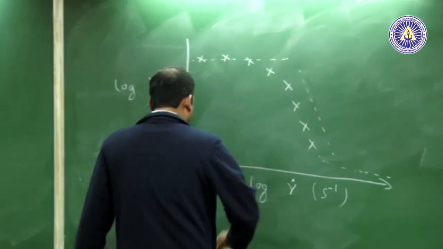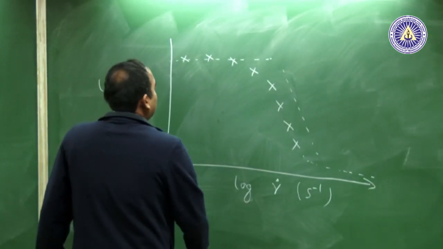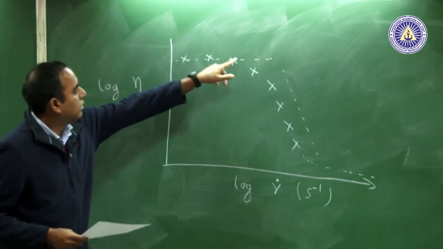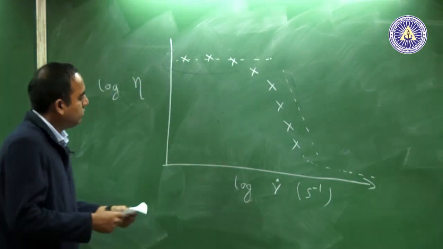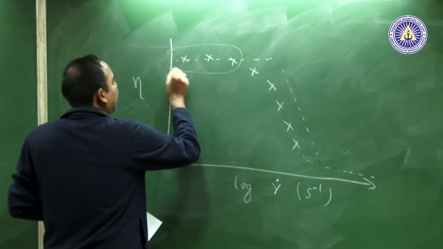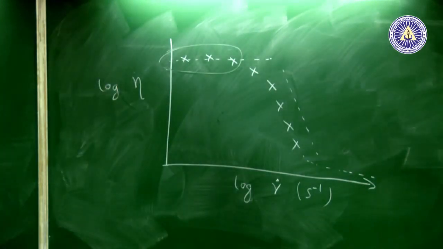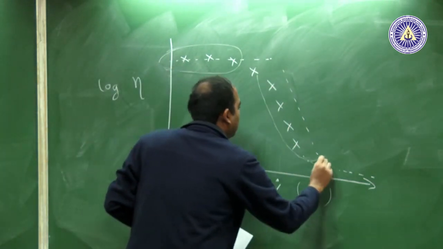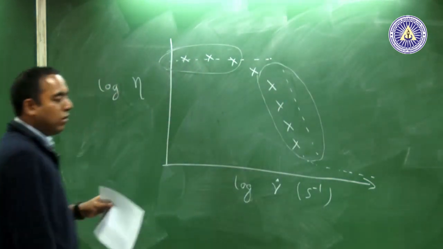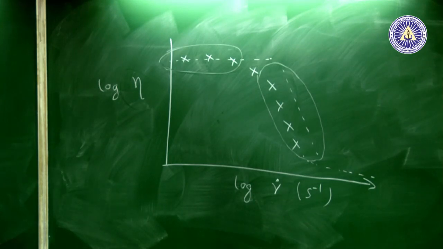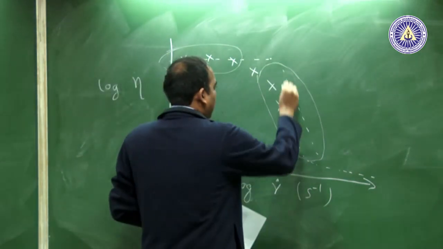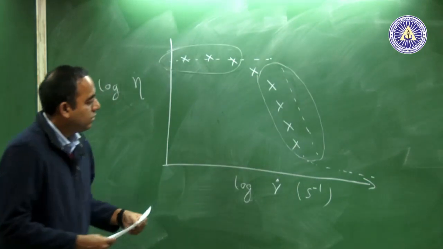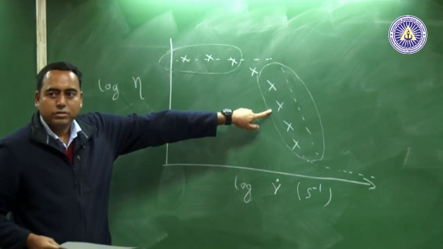What this shows is that there is a part where the shear rate is too weak, so essentially it behaves like a Newtonian fluid. Then there is a part where the shear rate is strong enough to deform and stretch the polymeric elements, and this part is the most important for the polymer processing industry.